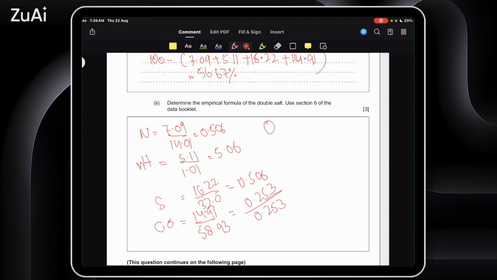And for oxygen, yeah, the value we have for oxygen as well.